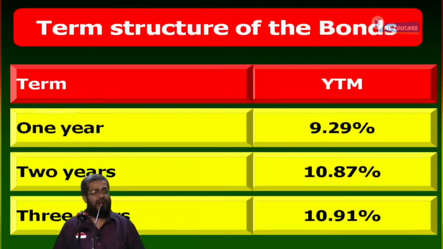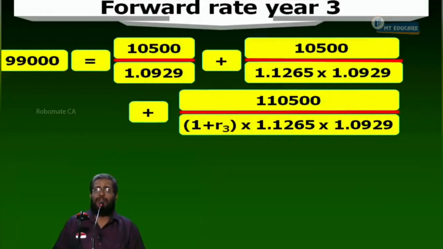Are you all following or not? Similarly, we found out for a 3-year bond. The 3-year bond gives 10,500 first year coupon, 10,500 second year coupon, and 1,10,500 third year coupon and redemption. The first 10,500 is received in the first year, so discounted at 9.29. The second 10,500 is received in the second year, so discounted at 12.65% to bring it to the first year, and again discounted at 9.29 to bring it to year 0.